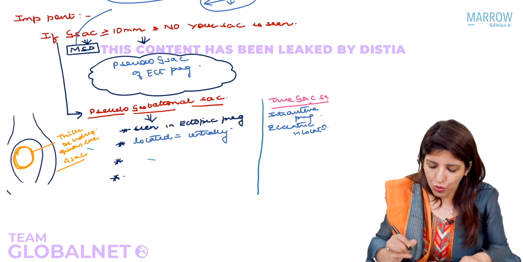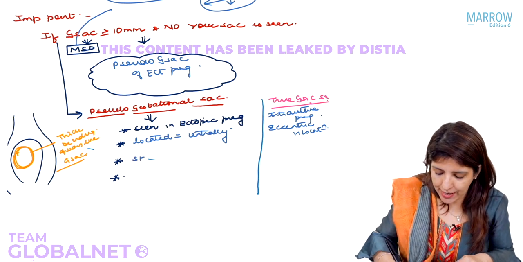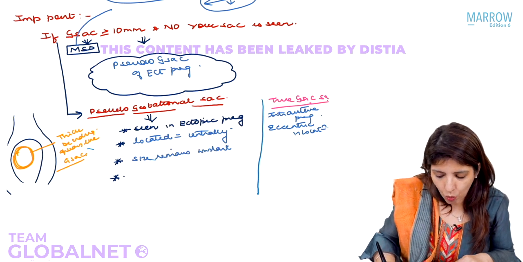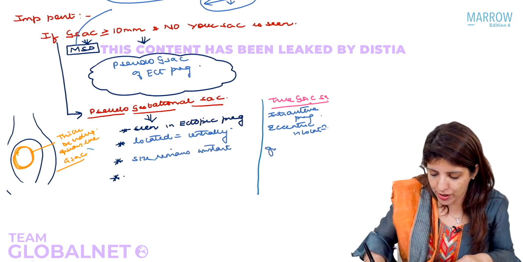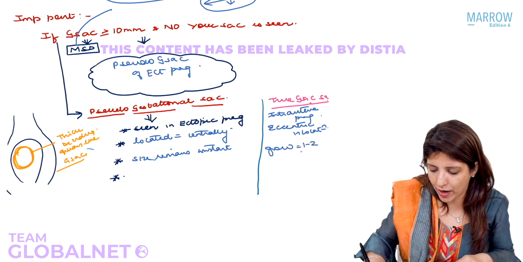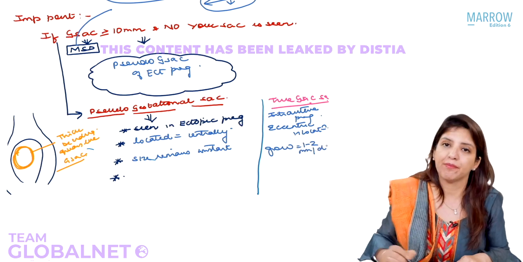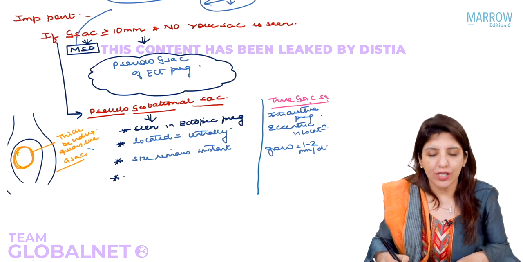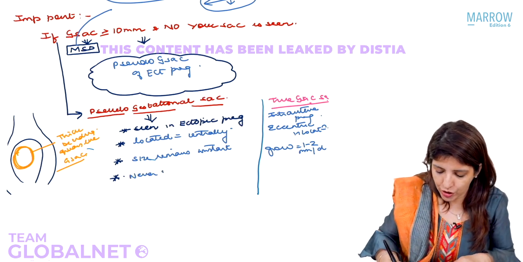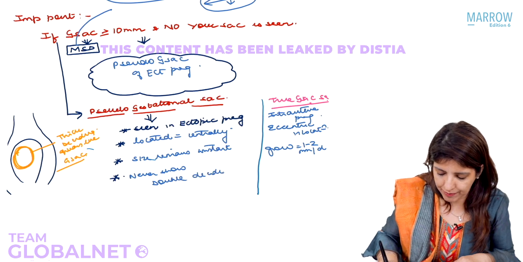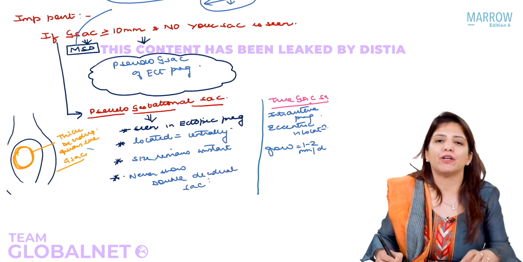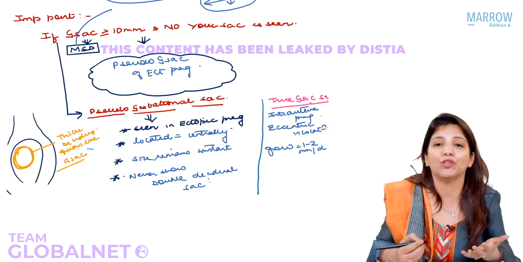Right? A pseudo-gestational sac, its size remains constant. It will not grow. Whereas a true gestational sac will grow by 1 to 2 millimeters per day. Right? A pseudo-gestational sac will never show the double decidual sac sign, because implantation is not happening in the uterus.